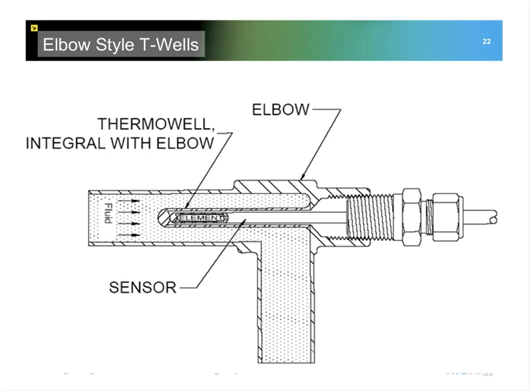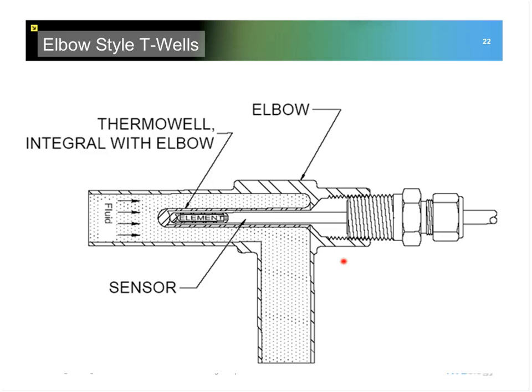Now, if we introduce a thermowell into that sanitary elbow diagram that we just had on the screen, this is another way to do this, using a custom thermowell and avoiding the direct immersion style probe disadvantages.